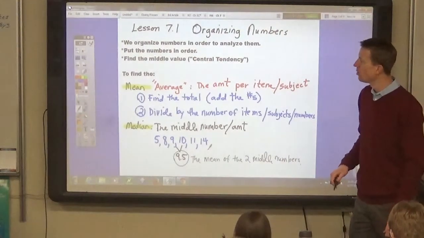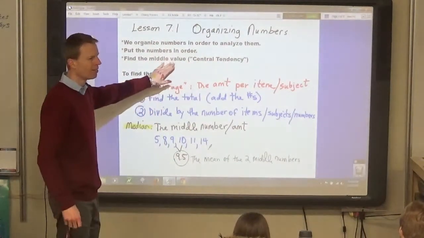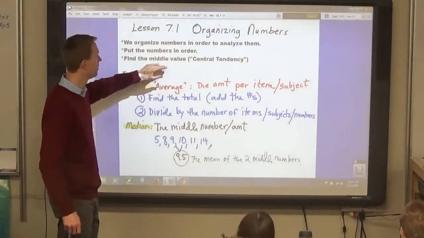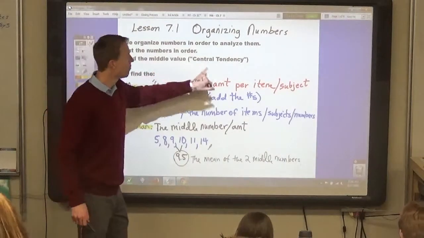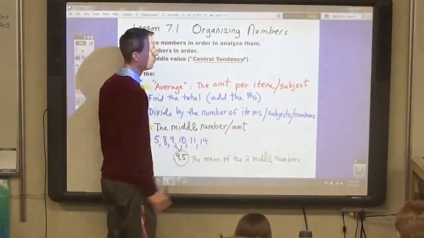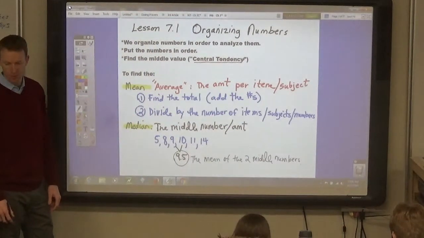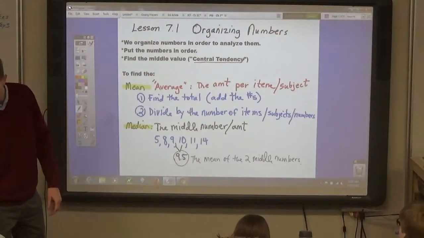But we do this in order to find the middle value of the numbers. We find the middle value, or the term central tendency refers to the middle value of those numbers. So write these down. Write all this down.